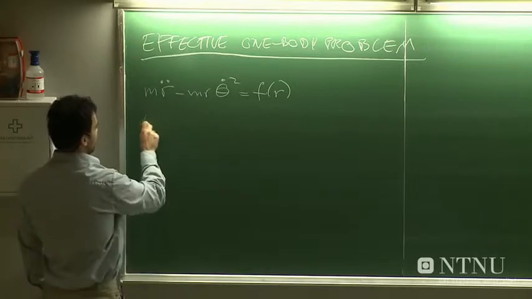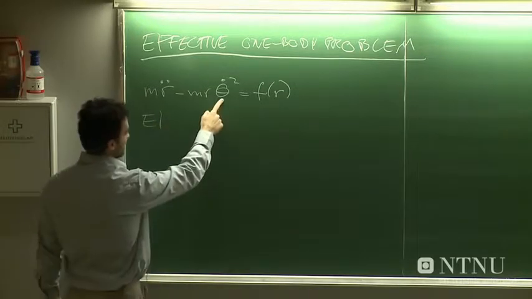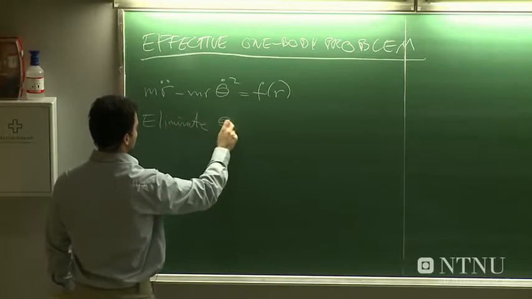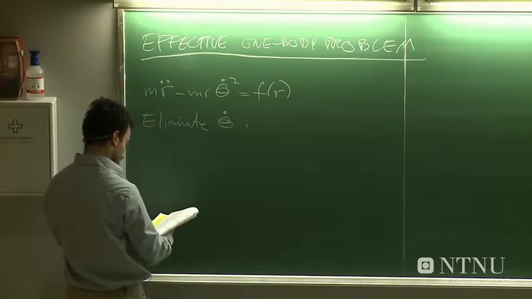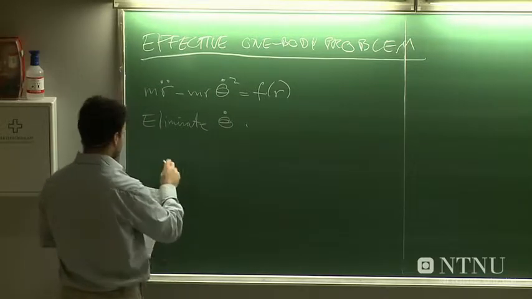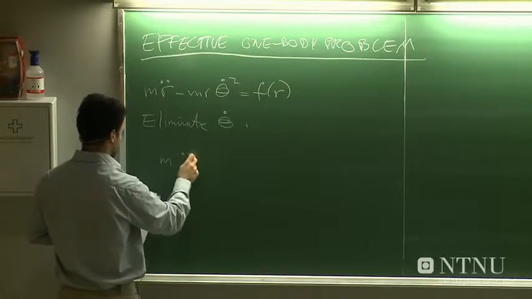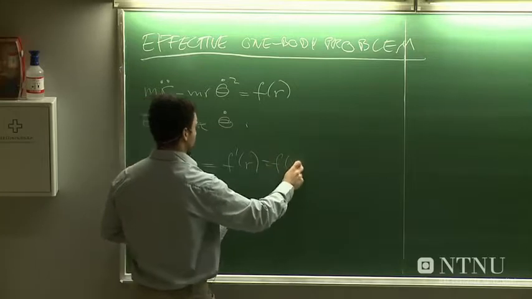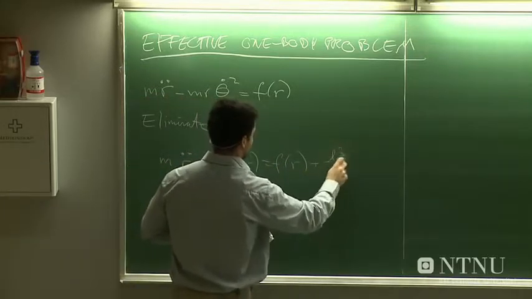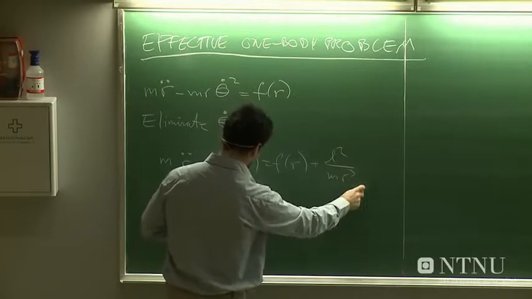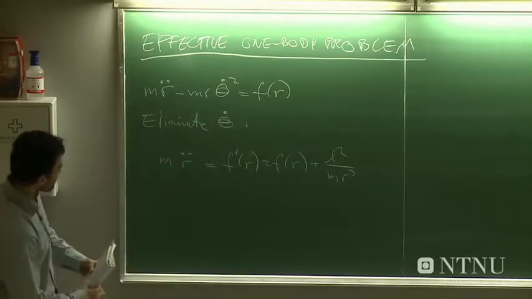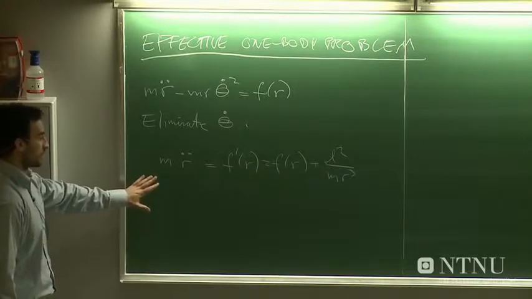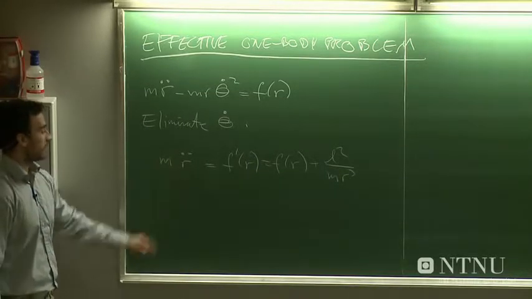And then we eliminated this coordinate to obtain this equation, which is now manifestly one-dimensional. There's only dependence on the radius here.